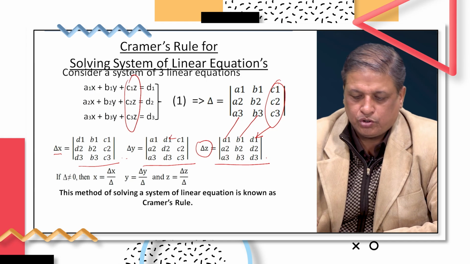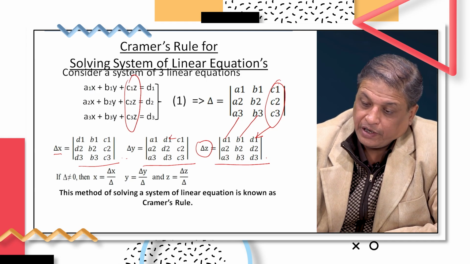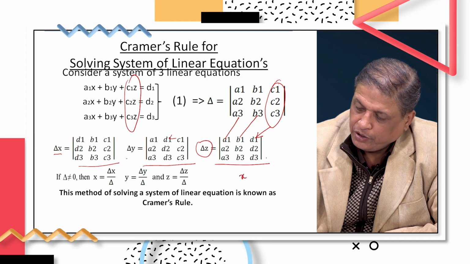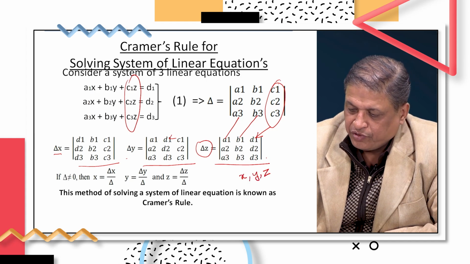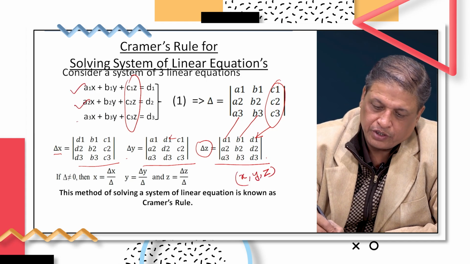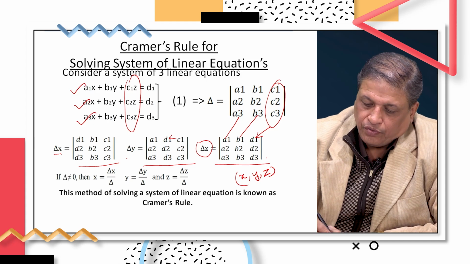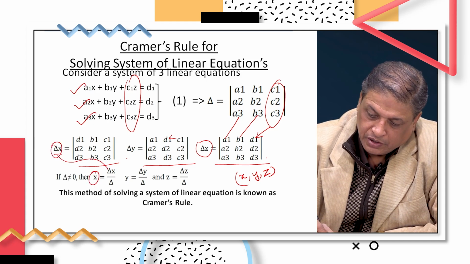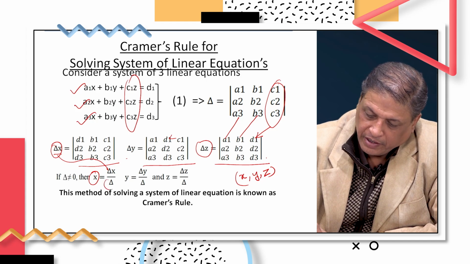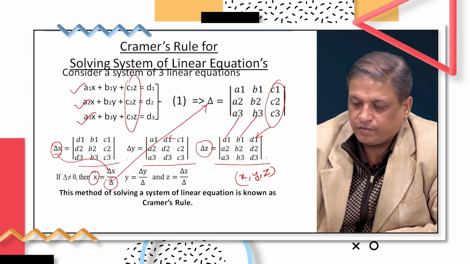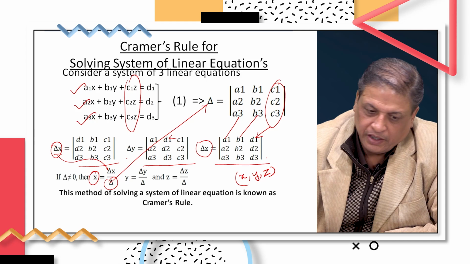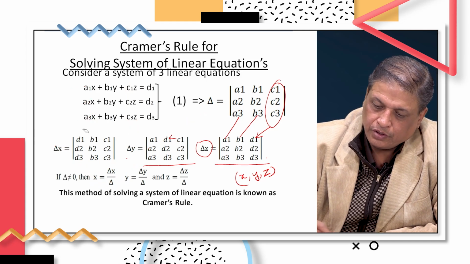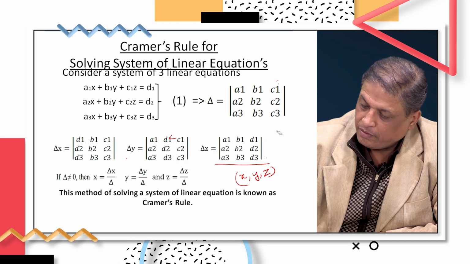Now, if we are supposed to find the value of x, because the solution of linear equations is to find the values of x, y and z which satisfy all three equations, the value of x will be equal to delta x divided by delta. What is delta? Delta is this. Similarly, we calculate the other values.